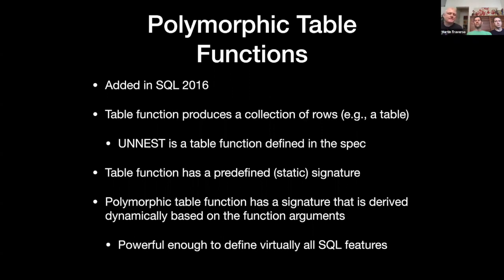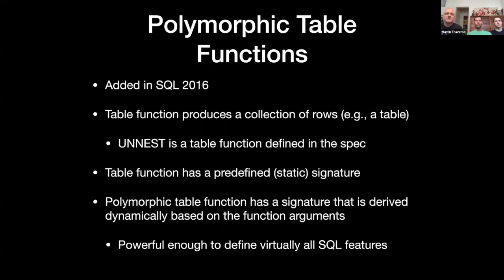Well, actually, the simplest example for unnest, you can do select star from unnest and pass an array. So that's a table function. Unnest there behaves as a table function that takes an array as input and produces a collection of rows, a multi-set of rows, basically a table.